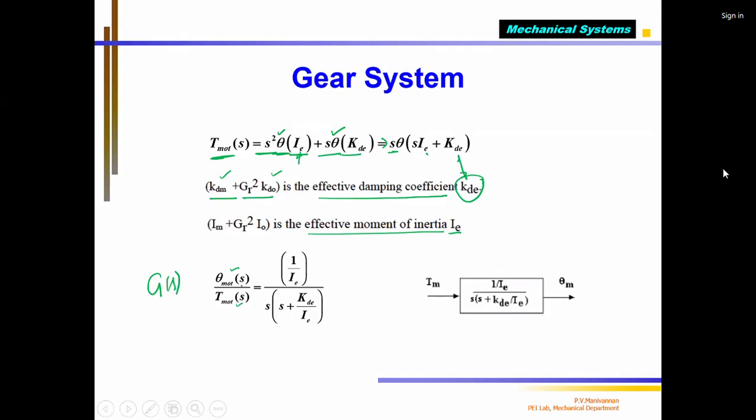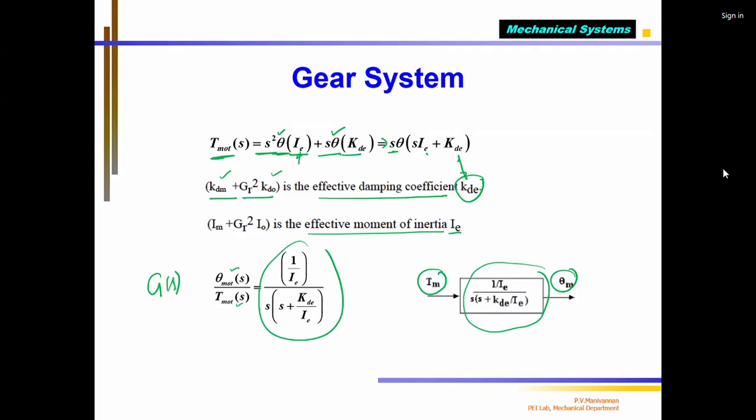Theta motor is the output speed of the motor, and torque is the input. It is 1 divided by S into (IE S plus KDE). So this can be represented as a transfer function. I told you the transfer function is generally written inside a box, with the input given as the left side arrow and the output on the other side. This is how we generally represent the gear system.